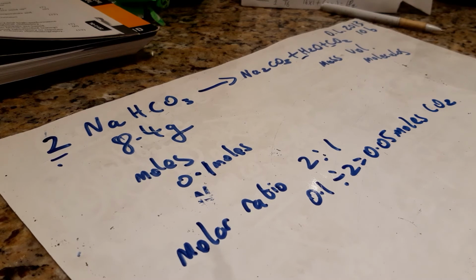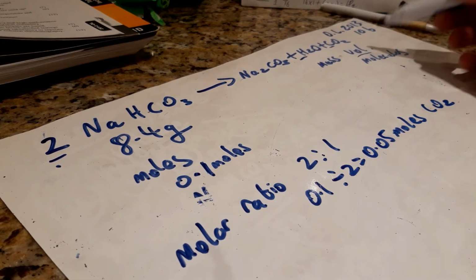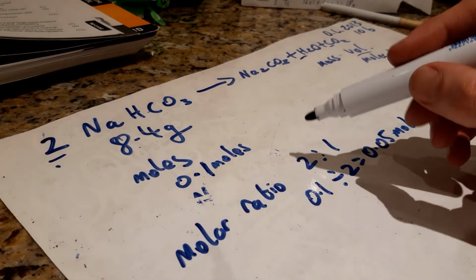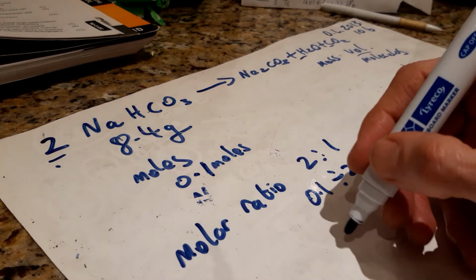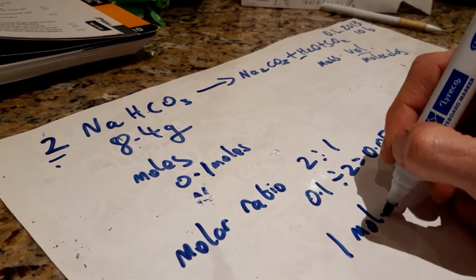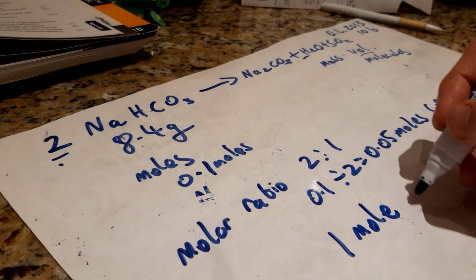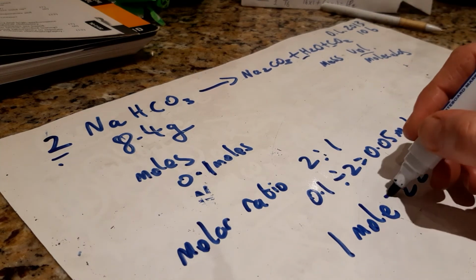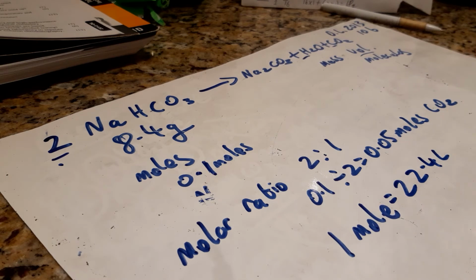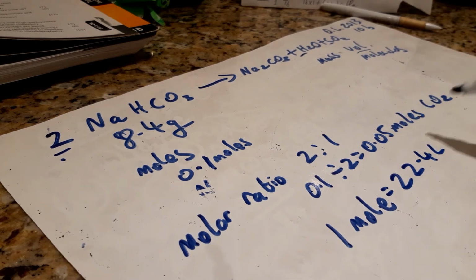But remember, we're looking for the volume of carbon dioxide. As soon as we hear volume, we need to remember that 1 mole of a gas, doesn't matter what gas, carbon dioxide, helium, oxygen, always occupies 22.4 litres. And we've got 0.05 moles of carbon dioxide.